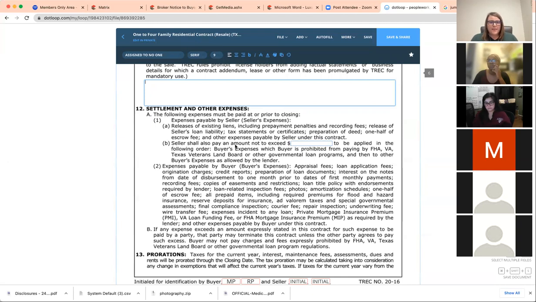Section 12 is if your client is needing closing costs. So the lender will tell you this. If they need closing costs help, this is where you would put this.